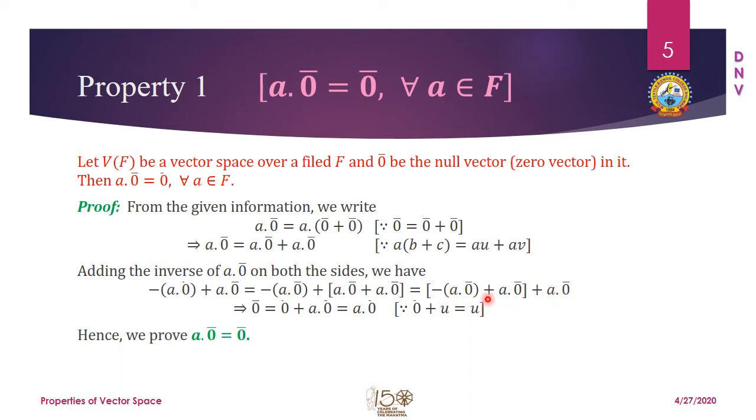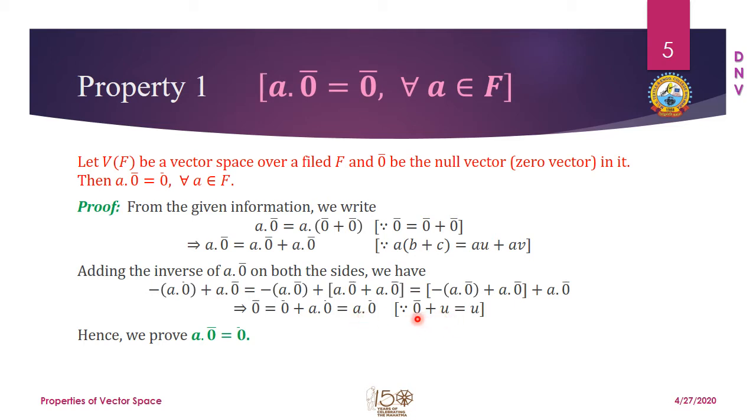so that it becomes this type of expression with the help of the associative property. I have combined minus a·0 with this a·0, and kept this a·0 aside. If I again apply the property of the additive inverse of an element, I can write 0 equal to 0 plus a·0, which is again equal to a·0.